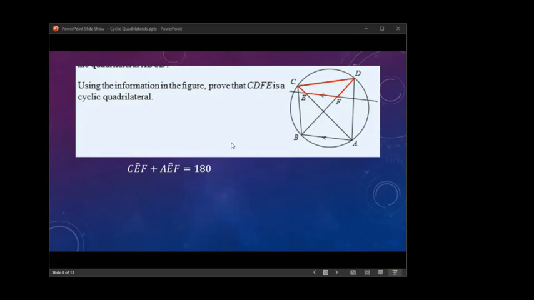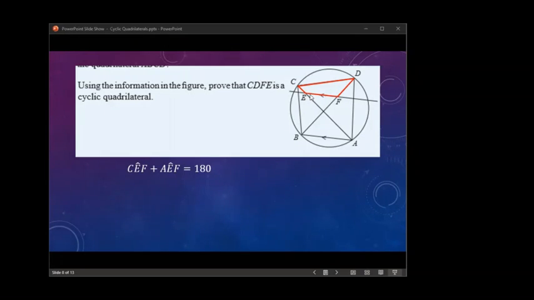We can write angle CEF and angle AEF, the sum of those equals 180. Why? Because CEF and AEF are angles on a straight line.